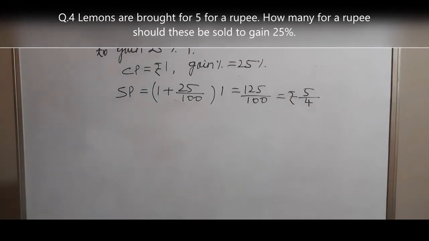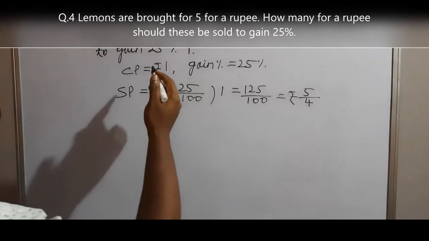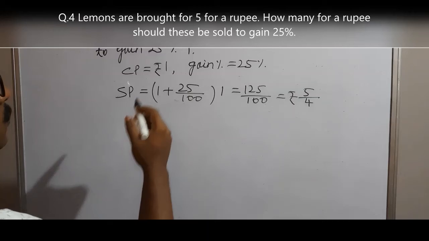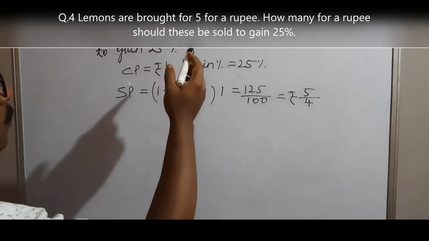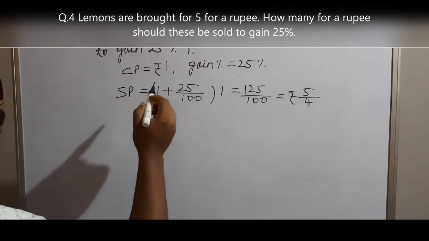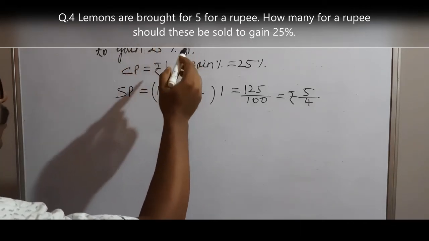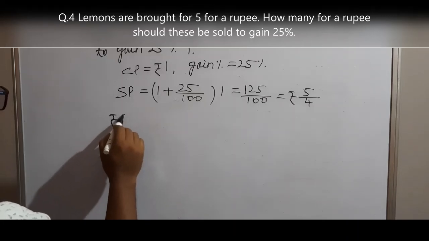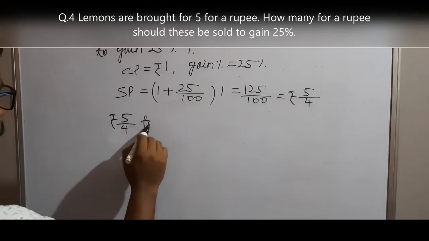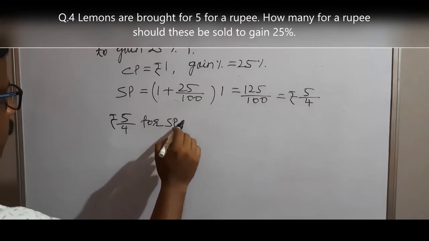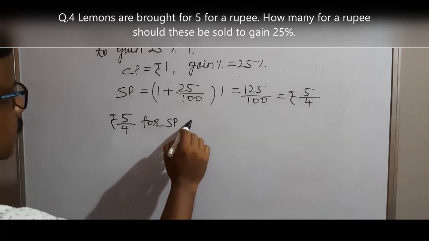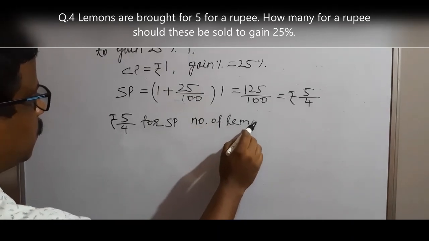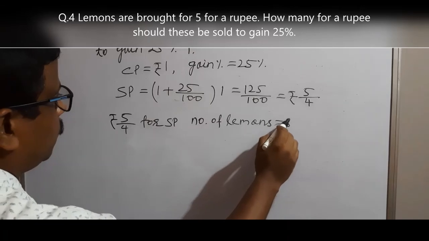So SP you got 5 by 4. So for rupees 5 by 4 SP, how many lemons are sold? 5 lemons. So the question asked how many in a rupee should be sold to gain 25%. So for rupees 5 by 4 selling price, number of lemons is equal to 5.